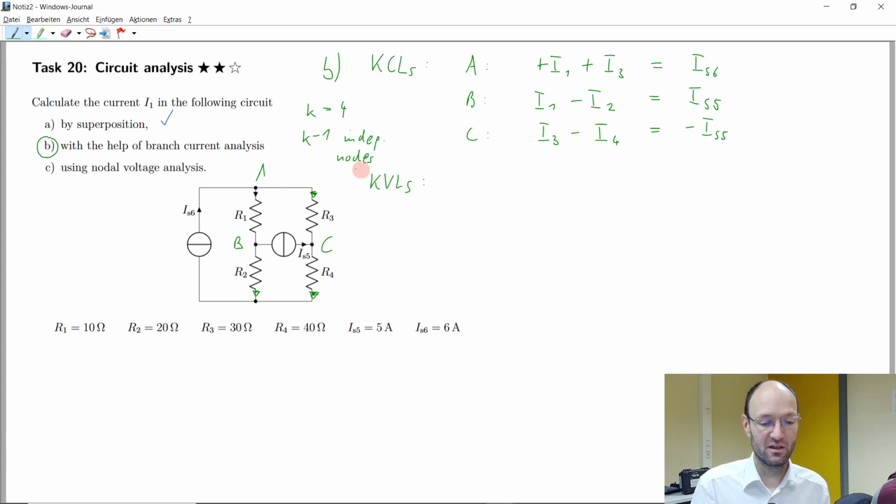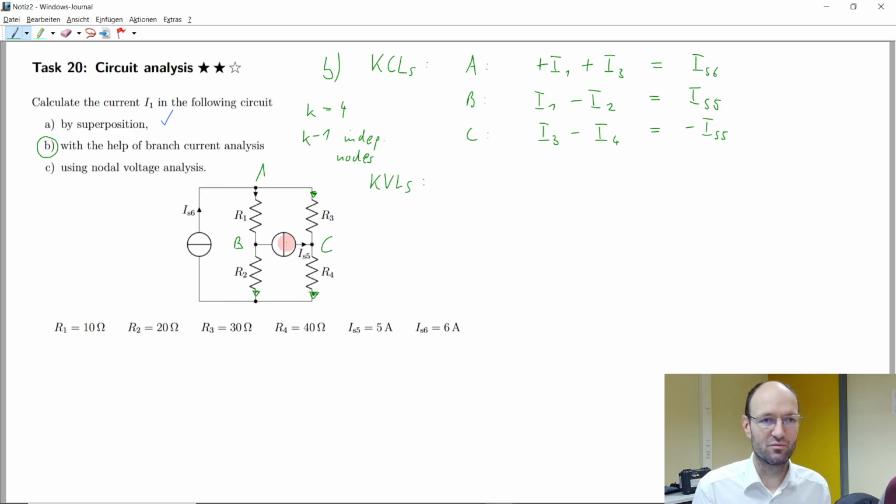Okay, so then we would need to set up these Kirchhoff's voltage laws. And so how do we do this? Or how do we find independent ones? Do you remember the method from yesterday?